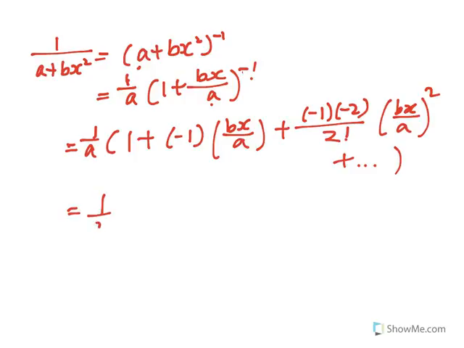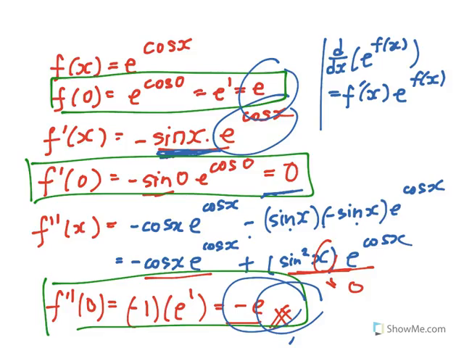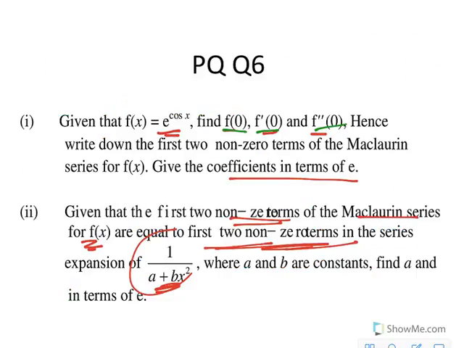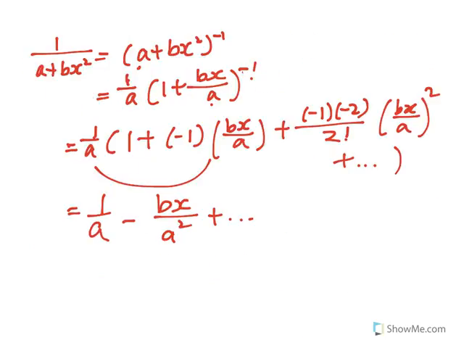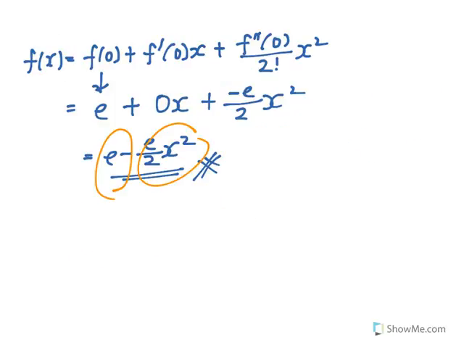After that, this is 1 over a, minus b x squared over a, plus so on, because we just want up to the term in x squared. We're comparing the first two non-zero terms, so we don't need to go up to x cubed. I know that these are the first two non-zero terms on one side, and on the other side these are the first two non-zero terms.